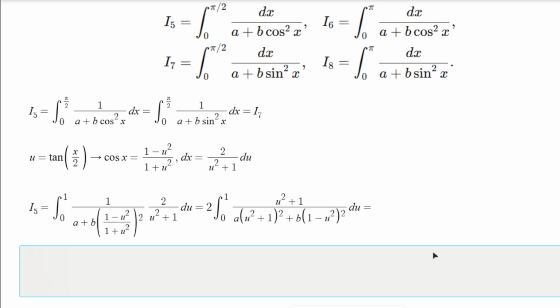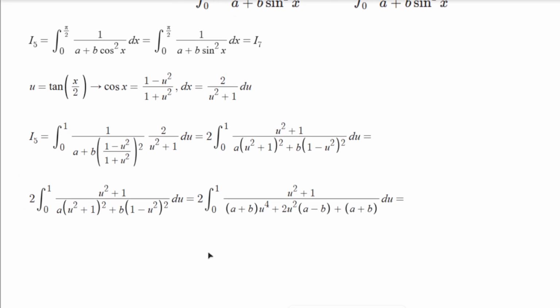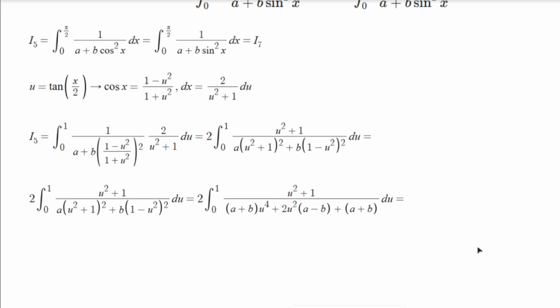Okay. So next, we're going to manipulate this a little bit more. What I did here, well, it actually doesn't look like I did anything in this step, but I expanded out u squared plus 1 squared, and I expanded out 1 minus u squared squared. And then I gathered all our u to the fourth, u squared, and all our constant terms and just separated them.